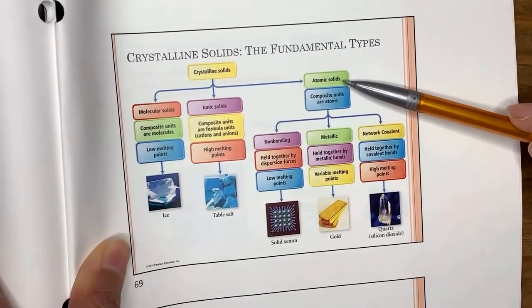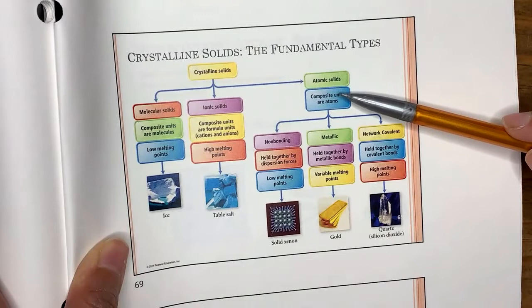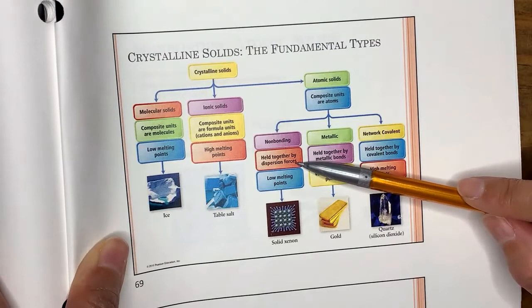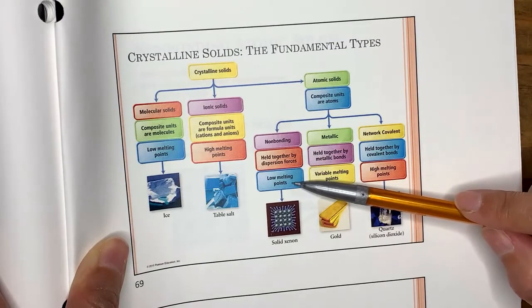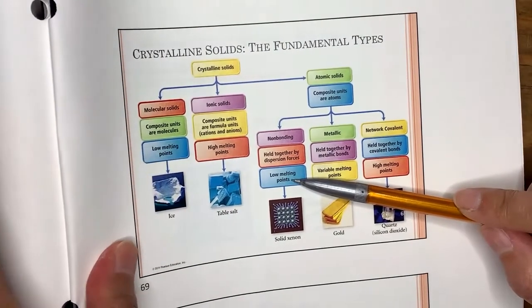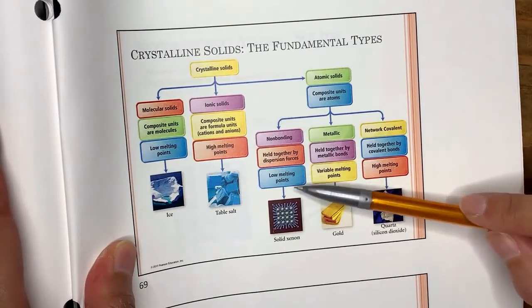Okay, so atomic solid is where you just have atoms in there, and under atomic solids, we have different kinds of atomic solids. So you have non-bonding atomic solid where you have noble gases held together only by London dispersion. So they're super, super low melting point, even lower compared to some of these molecular solids, okay? Because non-bonding have no interactions other than London dispersion.